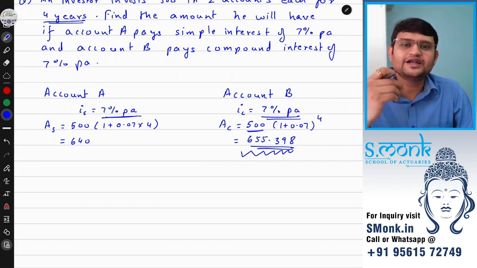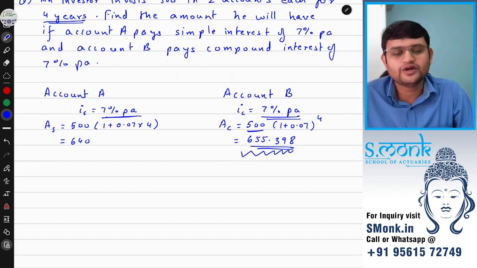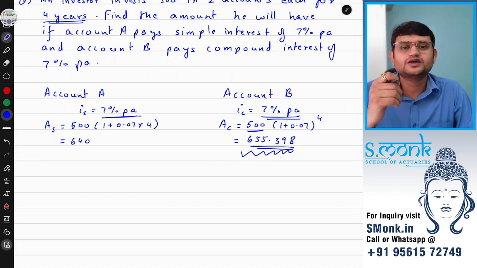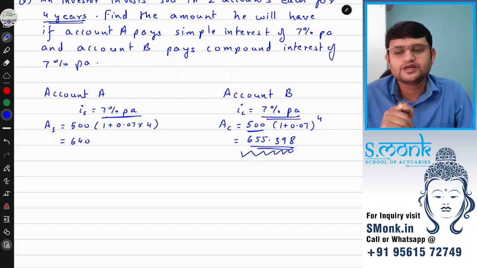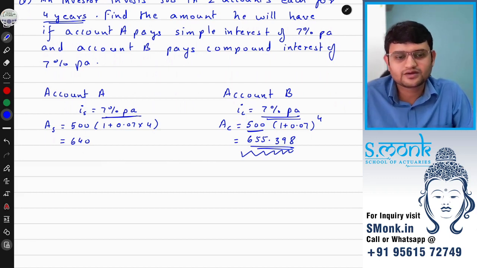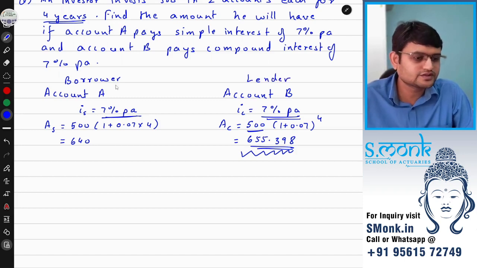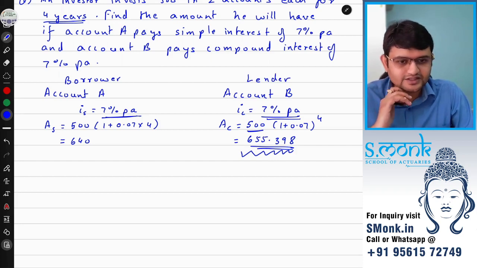So whoever is lending money is getting more money in compound interest, but whoever is borrowing money actually has to give more money back. So the borrower would prefer this and the lender would prefer this. That makes sense, right?